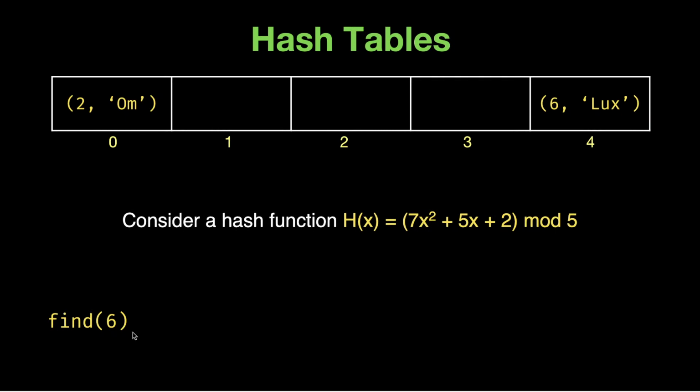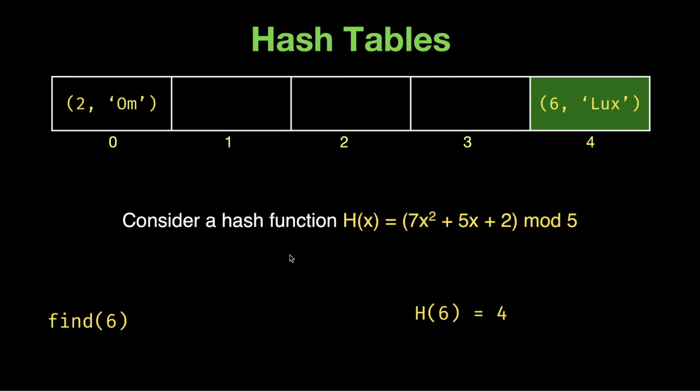Suppose we want to find the key 6 in the hash table. We have already constructed a hash table, and now we want to find the value of the key 6. In that case we first calculate the hash again. The 6 goes inside the hash function, and the hash of 6 equals 4, and we go to the fourth index in the hash table, and we can find that the value exists here.